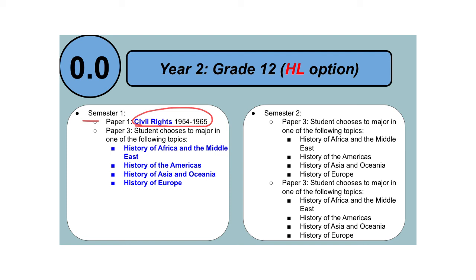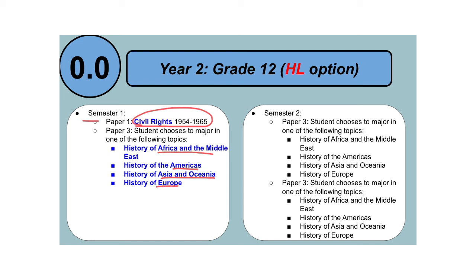And so while your SL friends are working on their 2 Paper 2 topics and spending 45 hours each on those, you will actually be able to choose: do you want to study further the history of Africa and the Middle East, history of the Americas, history of Asia and Oceania, or history of Europe? You will actually be allowed to choose which one of those you would like to study more.